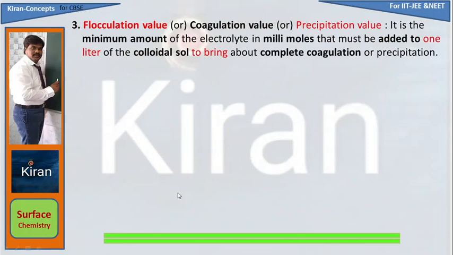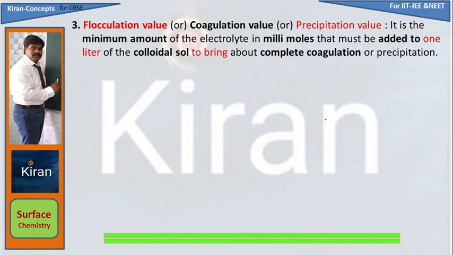Flocculation value, or coagulation value. Another name is precipitation value. It is the minimum amount of electrolyte in millimoles that must be added to 1 liter of colloidal solution to bring about complete coagulation or precipitation. So coagulation means cluster forming.